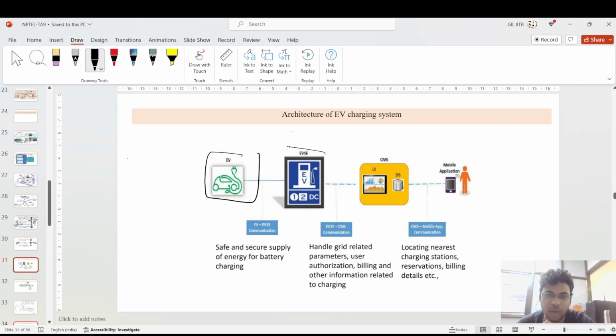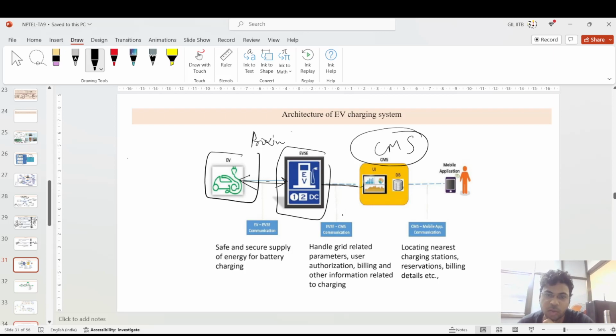And coming to the architecture of this EV charging infrastructure, there is the EV and the EVSE, electric vehicle supply equipment, which gives power to the EV to charge. There is communication between the EV and the EVSE, which I have already told you about, the proximity control and other communication architecture.